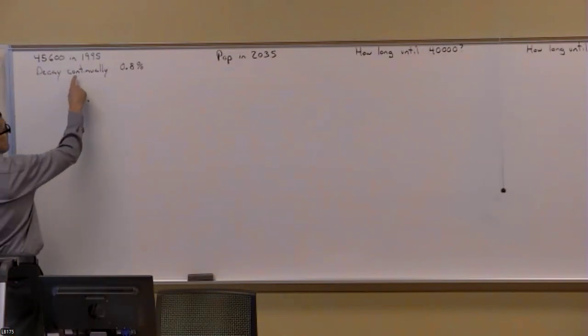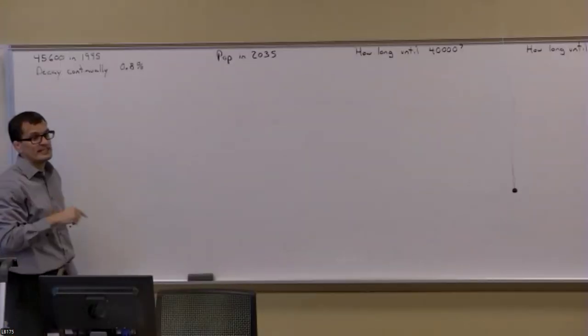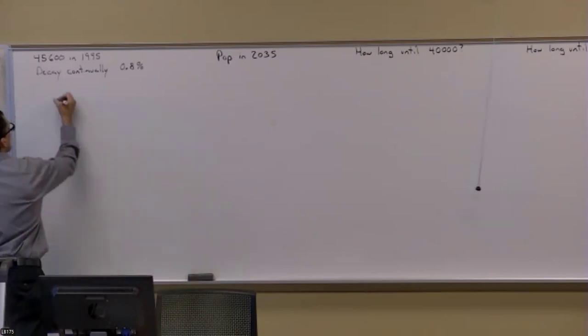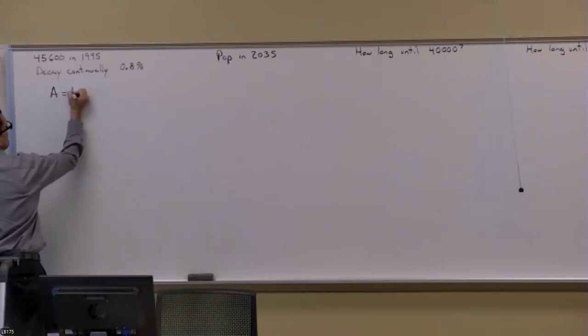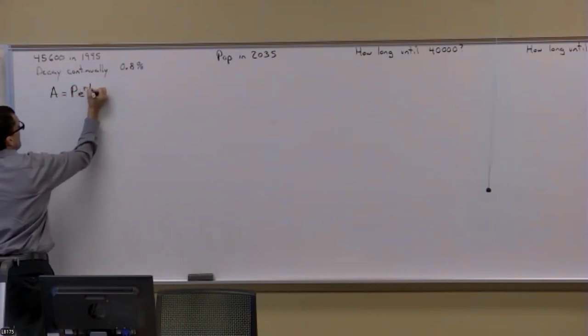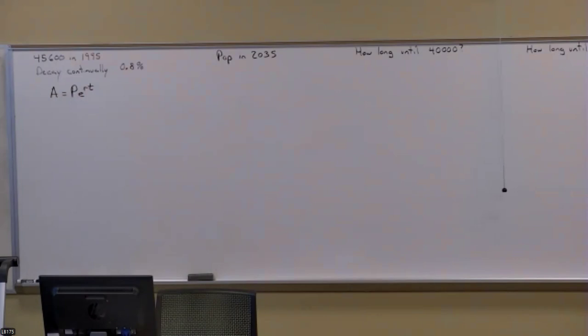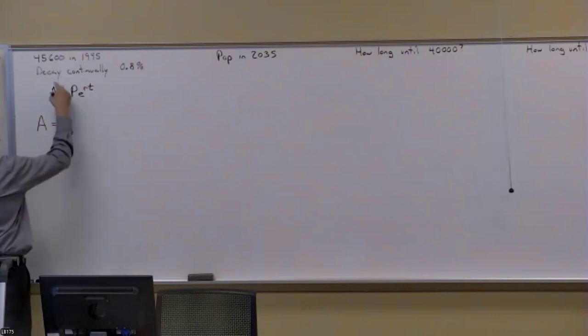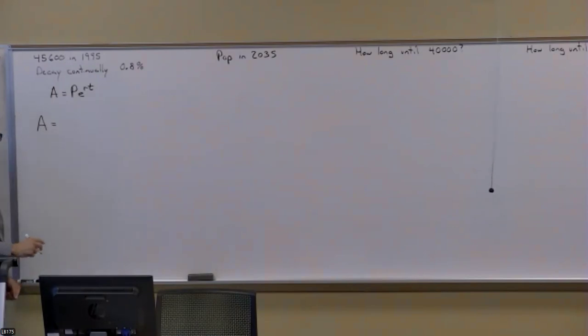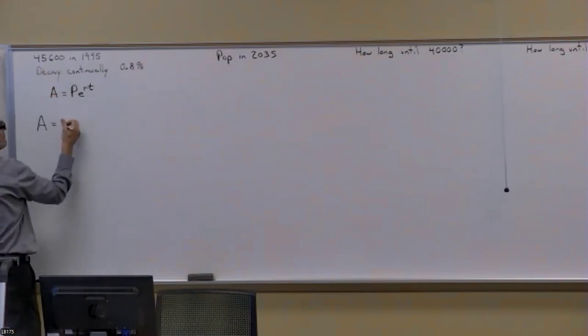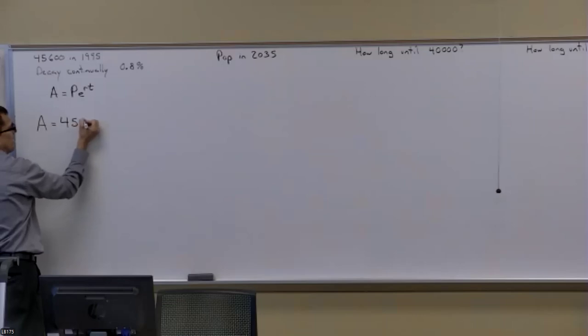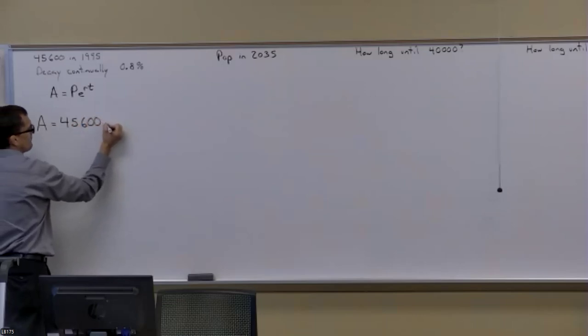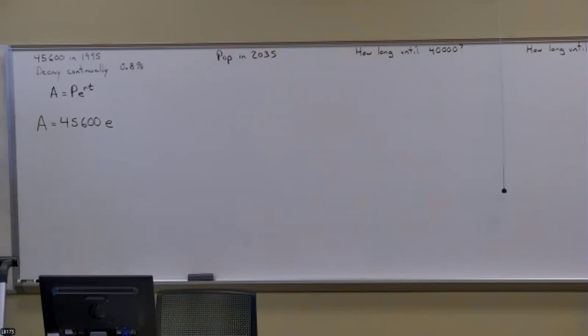So if we are either growing or decaying continually, that should give you a heads up that we're using P times e to the RT. Okay. P is my initial amount. Well, since we're using 1995 as our starting year, my initial population is 45,600. Now, here's the thing to watch out for.